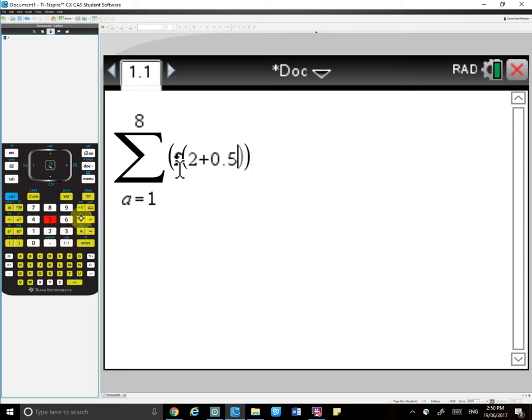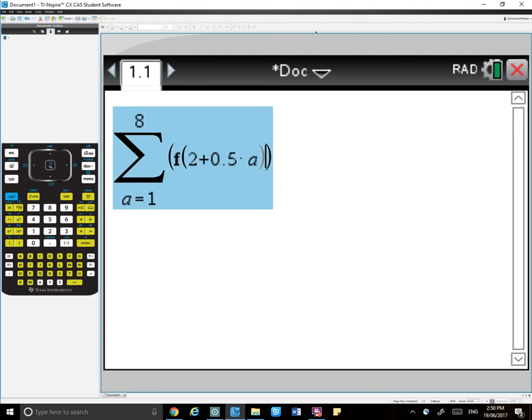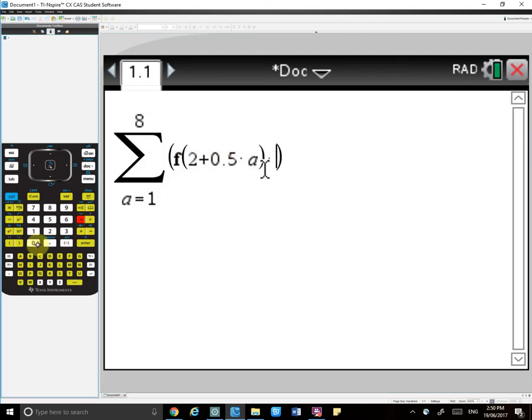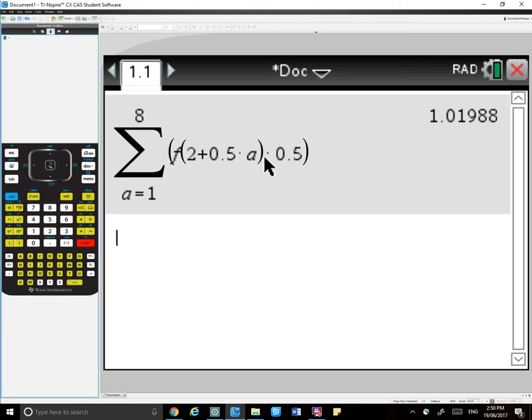Okay, this time can't be k, you need to times a times 0.5. And it's quite similar. Last time is 1.18, this time is 1.019, which is pretty good. So it's correct calculation.